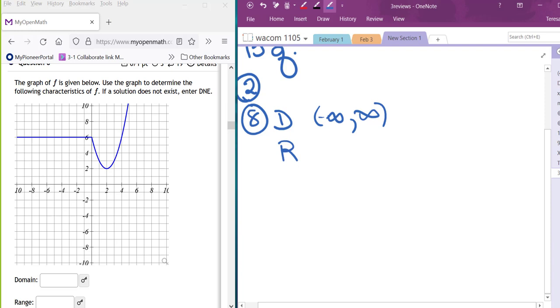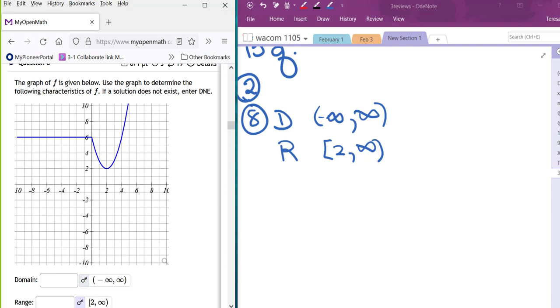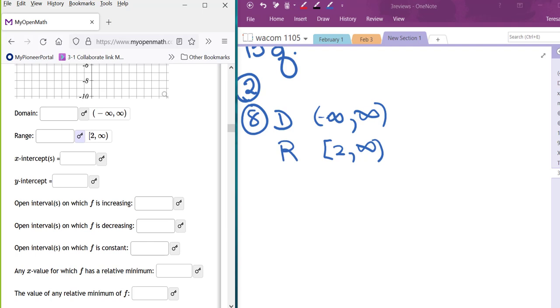Range, lowest point, it does have a lowest point, which is 2. I'm looking over here, and it touches that 2. It goes up forever, so that will be to +infinity with a parentheses. So -infinity to +infinity, and 2 to infinity. I'll just scroll down and back to get the questions.